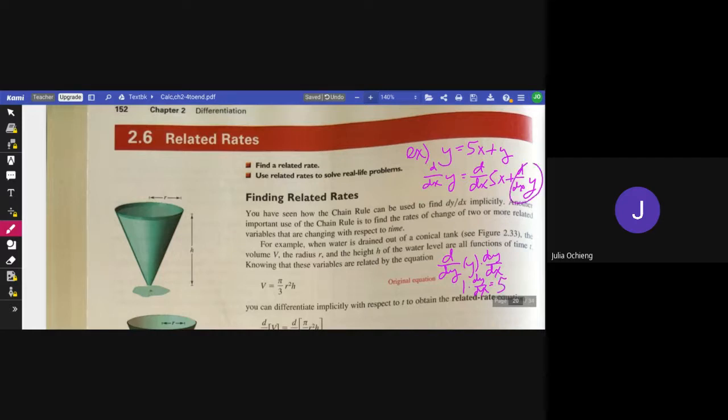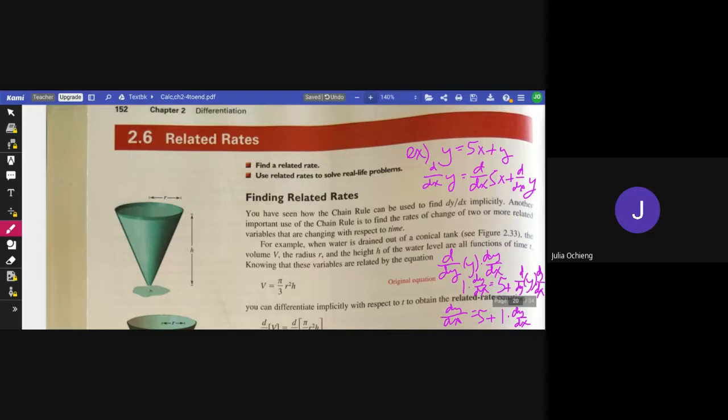And the derivative of that, same thing as before. You take the derivative of y in terms of y, and then by chain rule also do dy over dx. So it would end up being dy over dx equals 5 plus 1 dy over dx. All right, so that's a refresher from the last section.